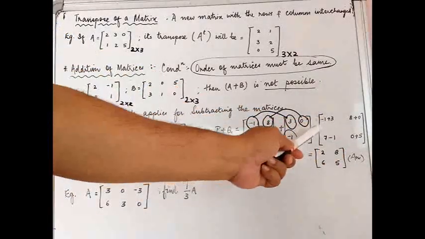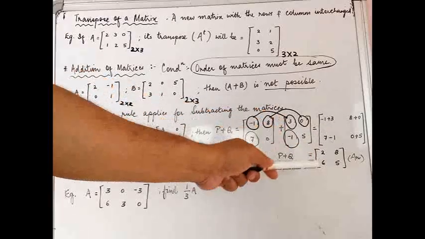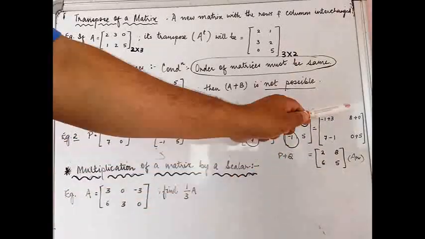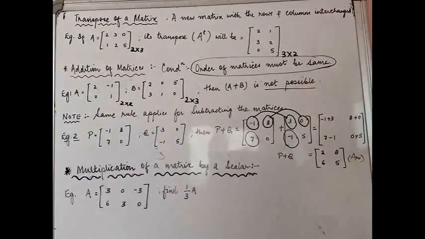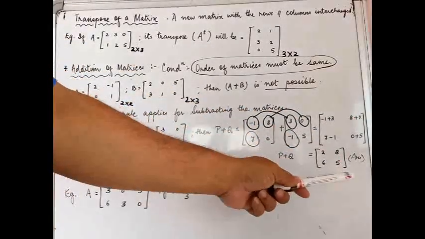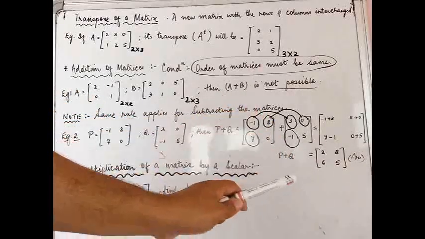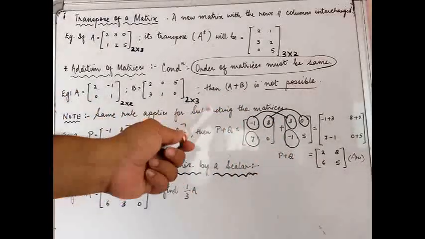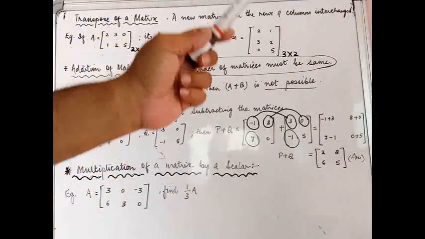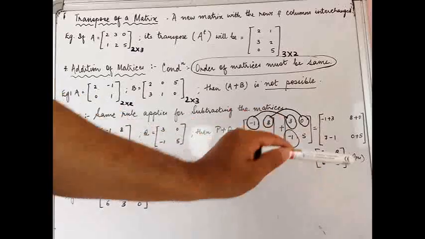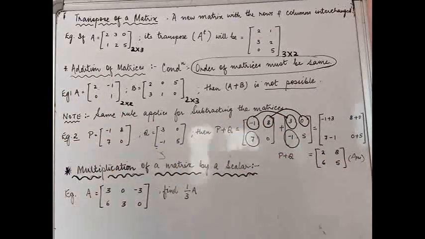These are the steps that you will have to follow. Eventually, in the end, minus 1 plus 3 will give you 2, 8 plus 0 is 8, and so on and so forth. So this is the answer that you will get, and as you can see, the addition of these two matrices of the same order has given us a resultant matrix which also has the same order as the original matrices.